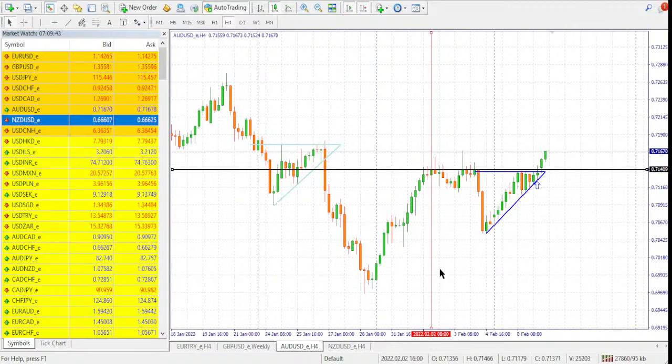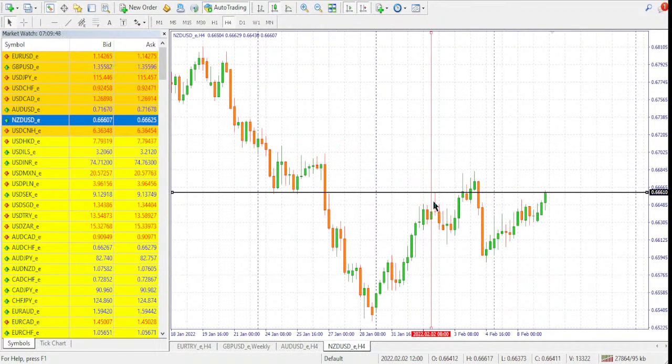So you can see that if you took a sell here, it went your way. If you took another sell there, it still went your way. So this is the main reason why we trade correlation. We want the same thing to happen across the board so that we can pick a position.